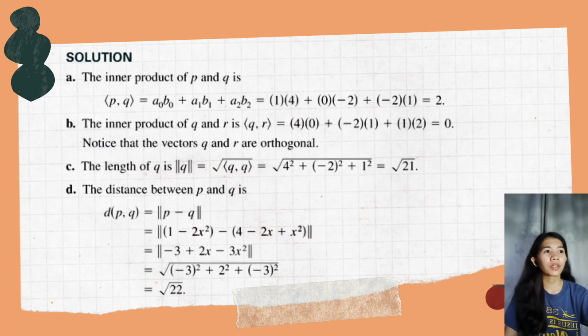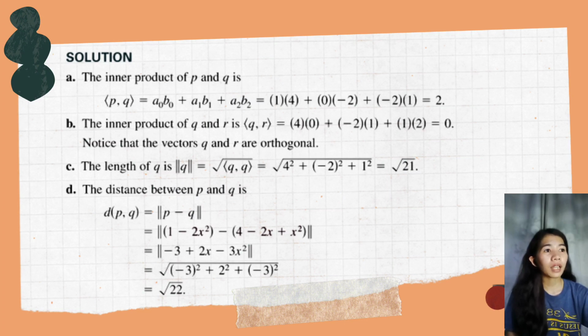So here's the solution. In letter A, the inner product of p and q, we will have to multiply the terms with the same degree. So here, the inner product of p and q is equal to 1 times 4 plus 0 multiplied by negative 2, since negative 2x has no like terms in p, so we multiply it by 0, plus negative 2 times 1, which is equal to 2.